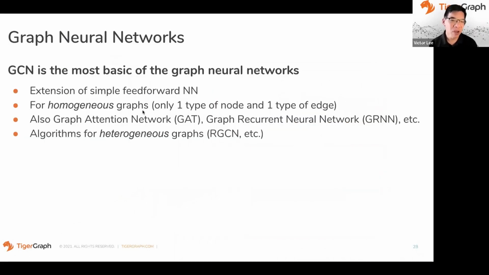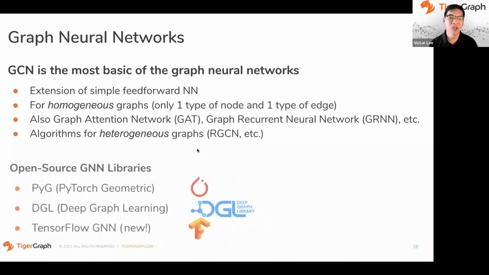The basic one we talked about is for a so-called homogeneous graph, when there's only one type of node, one type of edge. If you're familiar with other types of neural networks, like attention networks or recurrent networks, there are graph versions of those. There are also algorithms for heterogeneous graphs, where there's more than one type of node and more than one type of edge.